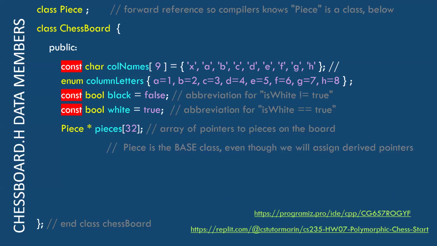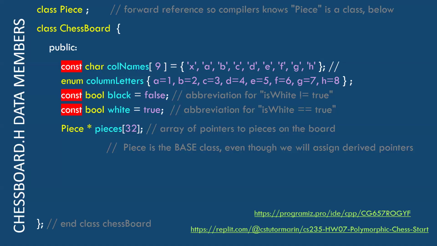And additionally, this piece class is what we will come to know as our base class. So we haven't talked about inheritance yet, but obviously we need a king class and we need a queen class and we need a bishop class, but they're going to derive from the parent class or the base class, which is called piece, okay?